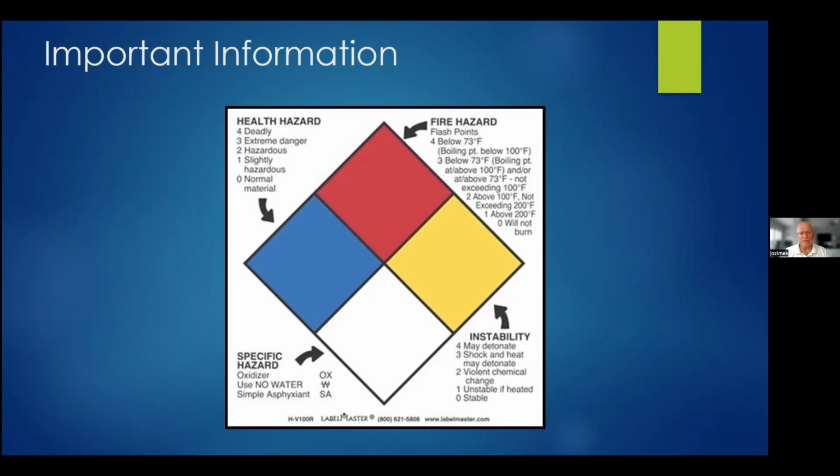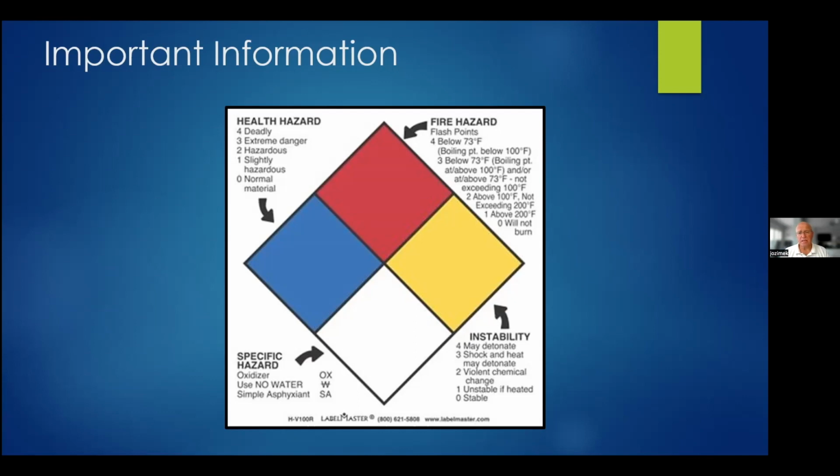So when you look at a health hazard, a 0 would be something that is in a normal state and doesn't pose any health hazard. Water, for instance, will carry a health hazard of 0. Something with an extremely high health hazard would be like chlorine gas, which would be a health hazard of 4. It's lethal or deadly, right?